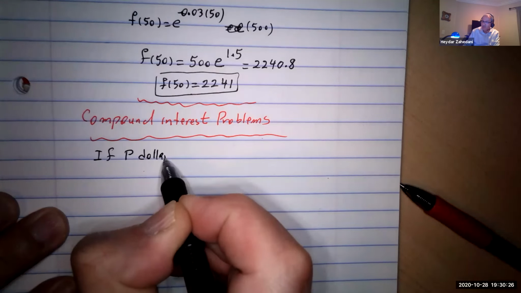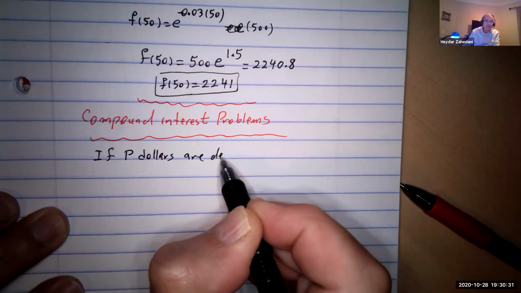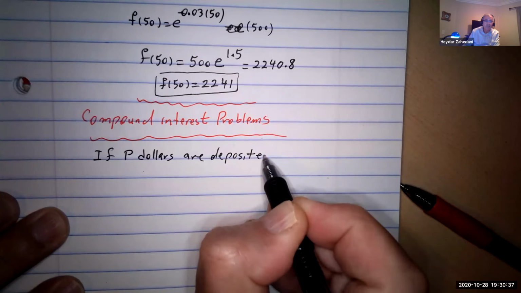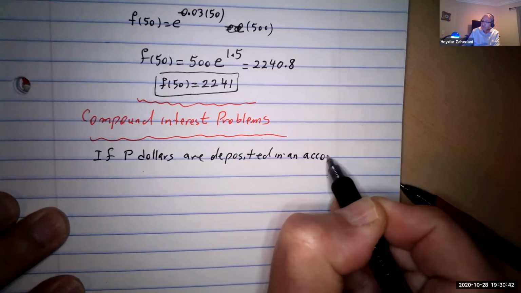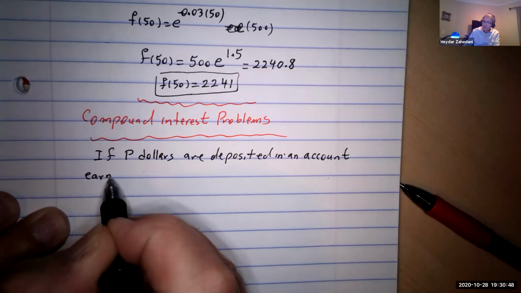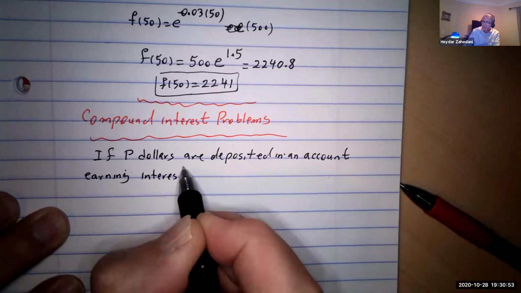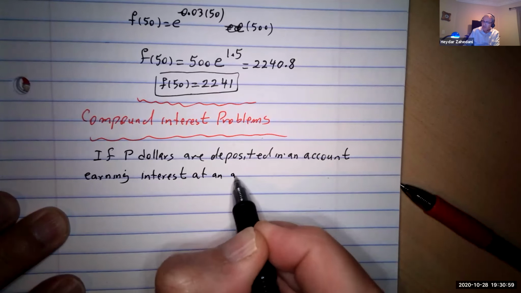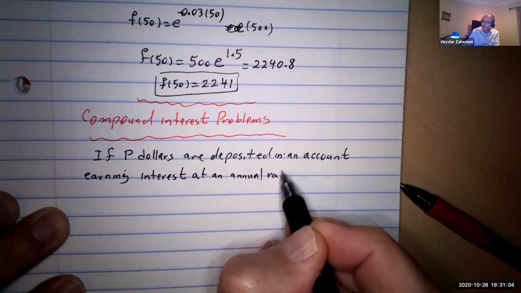If P dollars are going to be deposited in the bank, in an account that gives interest, earning interest at an annual rate of R%, R.